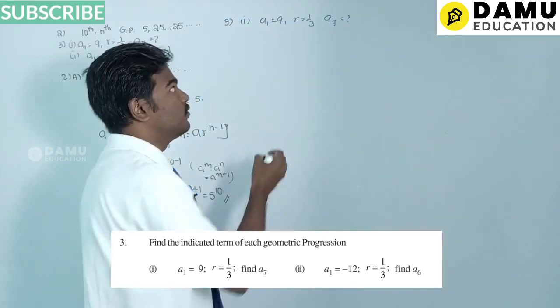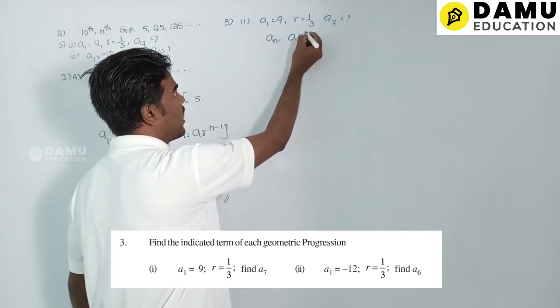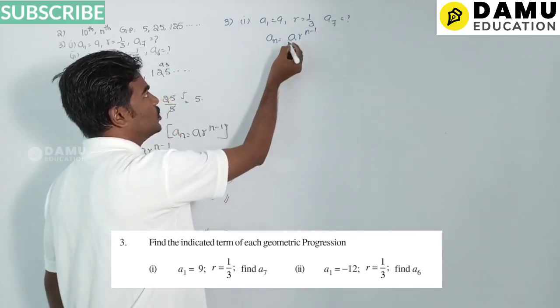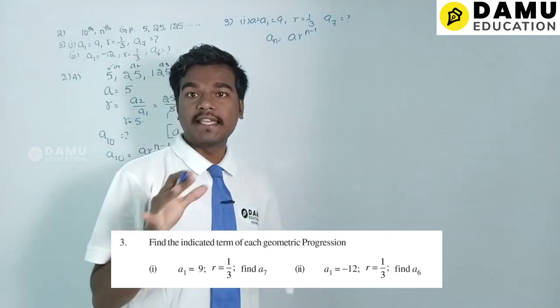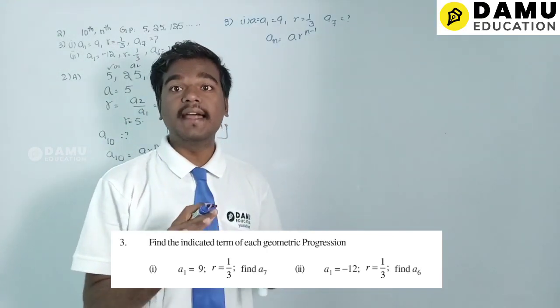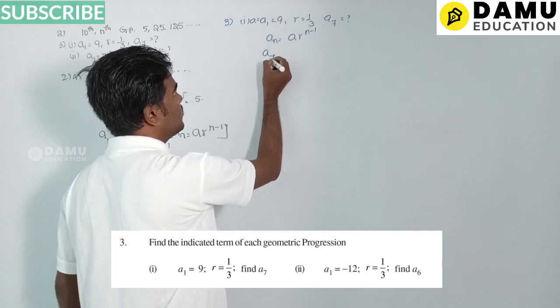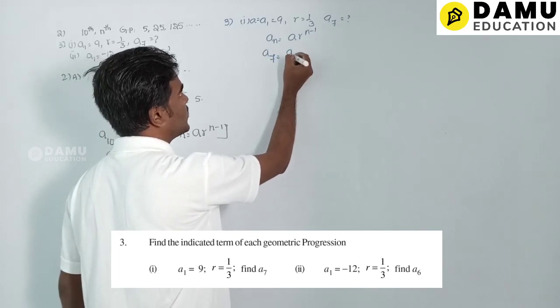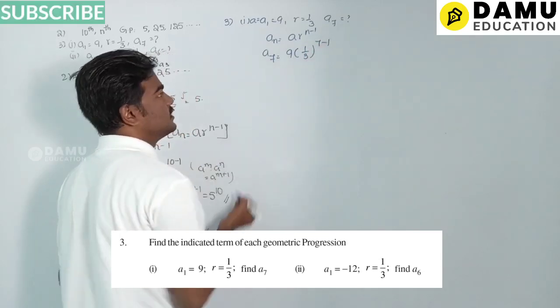So what is the nth term formula? As we know, An will be equal to A R power n minus 1. So here A is nothing but A1. The first term will be denoted with A and A1. Both are equal. Don't get confused. So An, that is A7, will be equal to 9 into R, which is 1 by 3, whole power 7 minus 1.